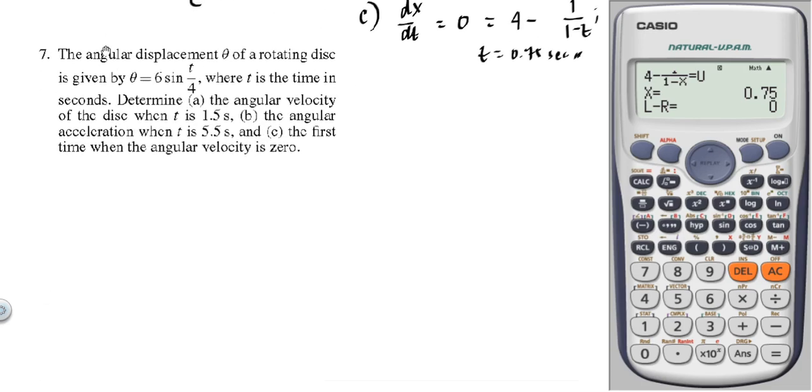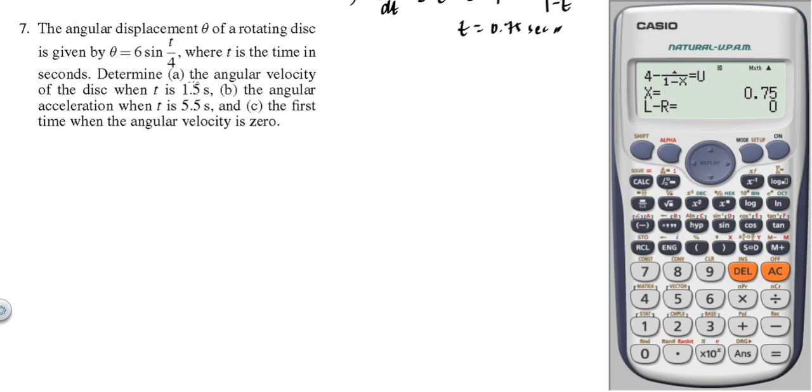Okay, so let's solve another problem. The angular displacement theta of a rotating disk is given by theta equals 6 sine t over 4, where t is the time in seconds. Determine the angular velocity of the disk when t is 1.5, that's A. Then B, the angular acceleration when t is 5.5, and the first time when the angular velocity is 0.